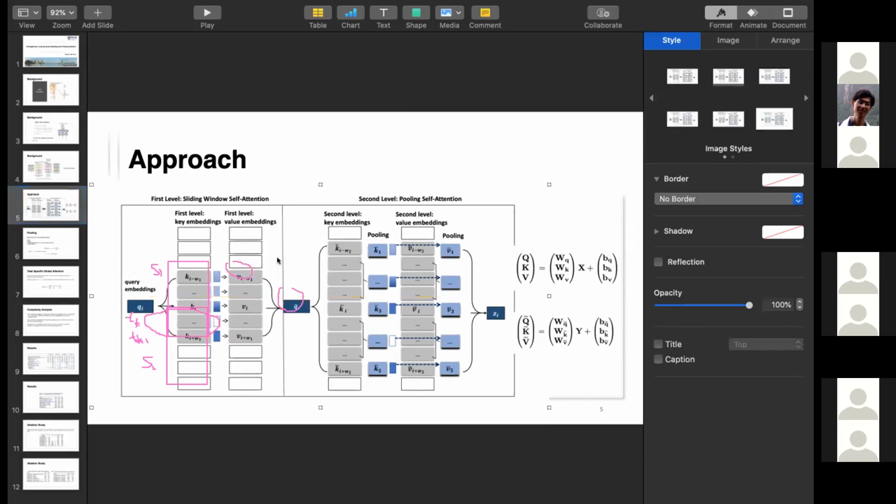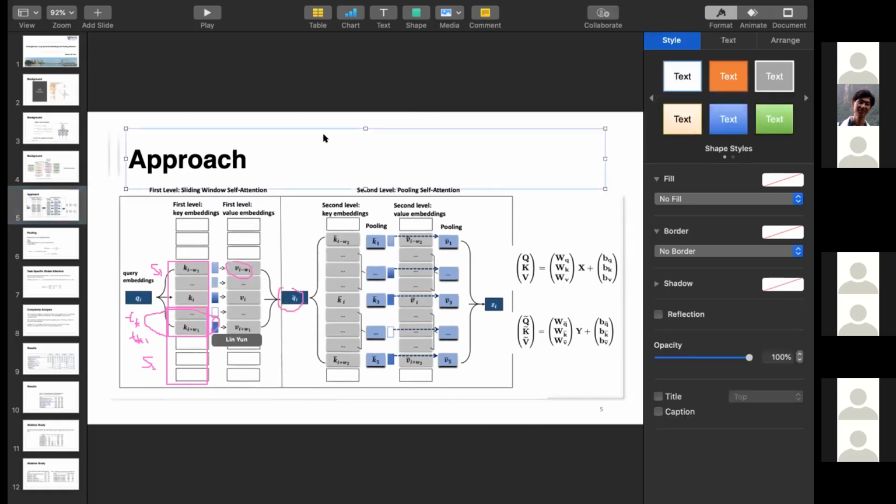But the point is that different windows may derive different K, the key embeddings, for the same tokens, just like Tk and Tk+1.